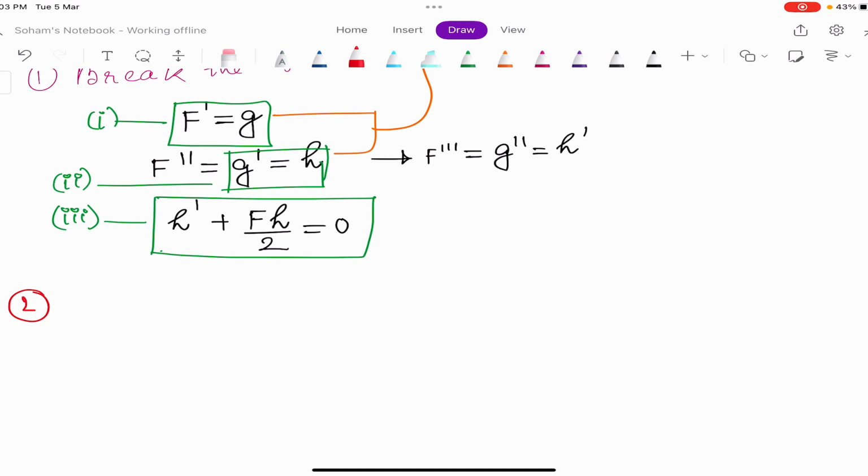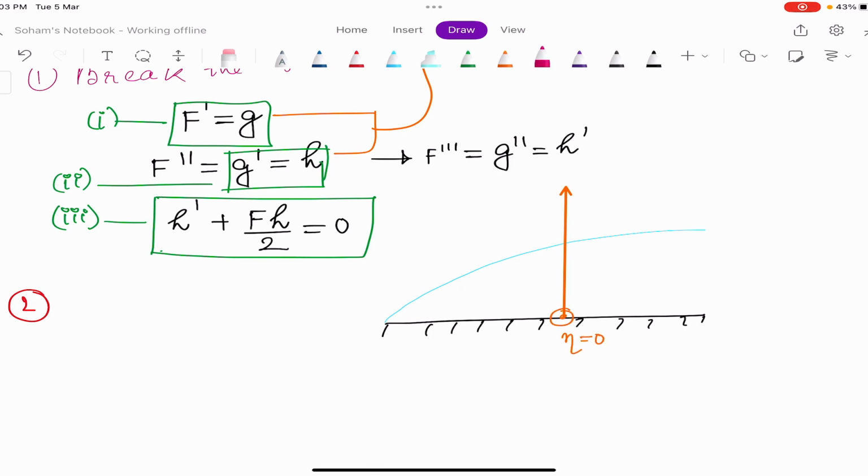What we will do is divide our domain. The domain was this, so this was the flat plate, and the boundary layer was growing like this, so this is the coordinate eta. This point is eta equal to 0, and we divide this domain into some points.